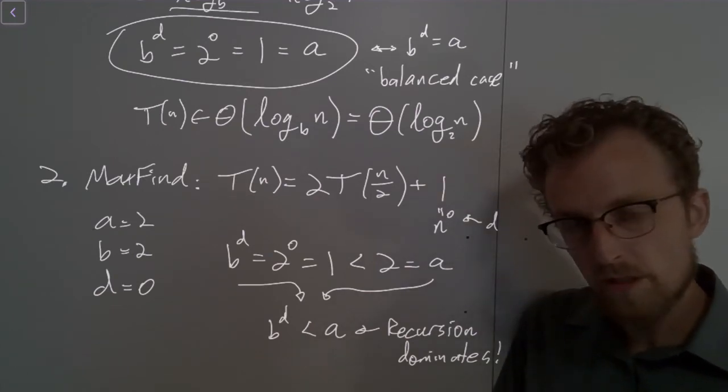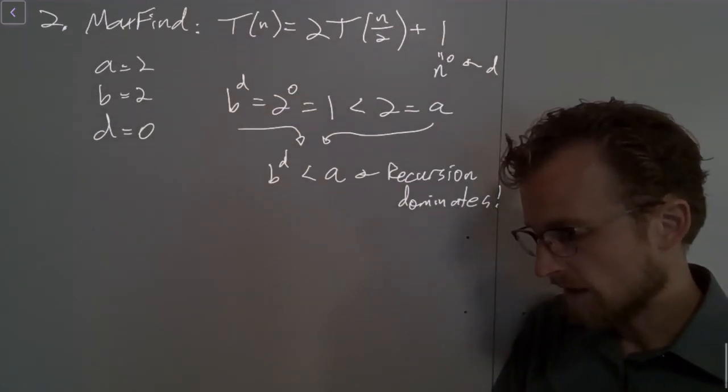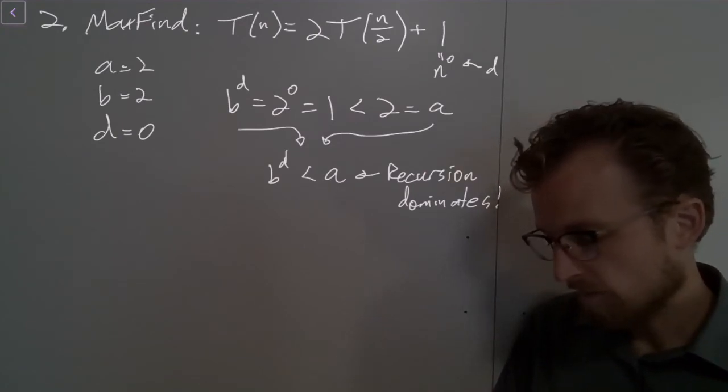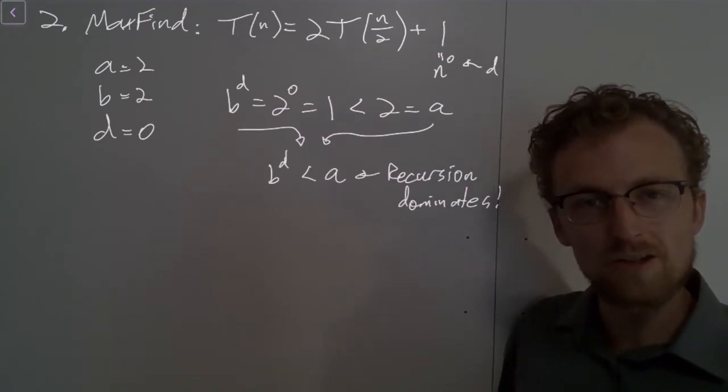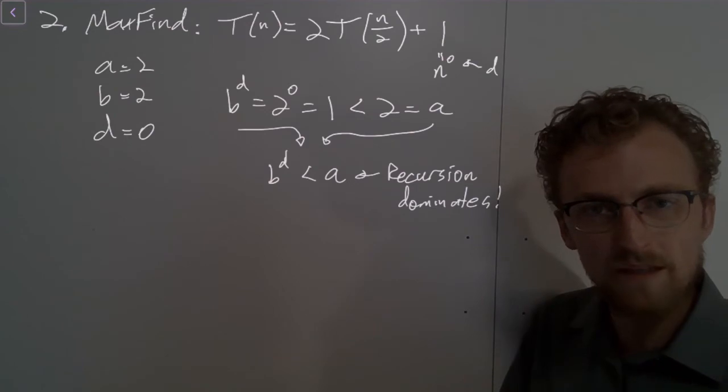Okay, so if the recursion is dominant, what does that tell us? Well, that tells us that we have that strange n to the power of log base b of a.